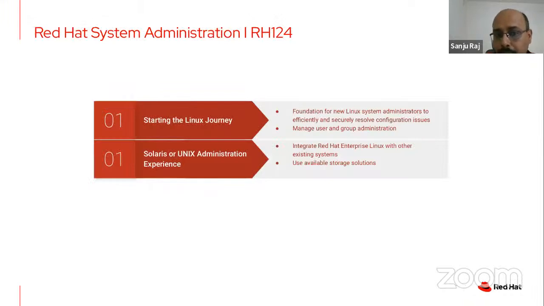As we did mention, the first course is always important. The first course is titled Red Hat System Administrator Part 1, which has the code RH124. Now, for this course, we consider that the candidate may be a new student, a new pass out from a college, or a student who is using Linux as part of his curriculum.